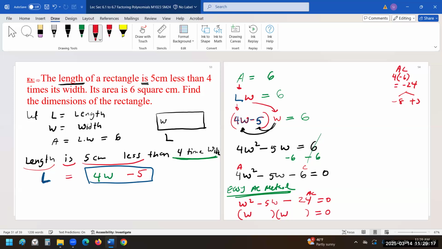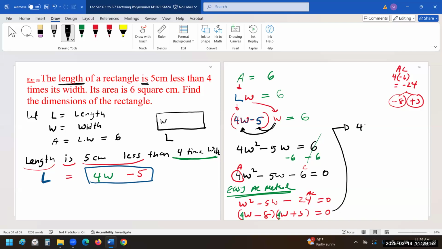So we found the two numbers are negative 8 and positive 3. So negative 8 and positive 3. But then we have to write our A in front of both W. From here, actually, you can solve directly.